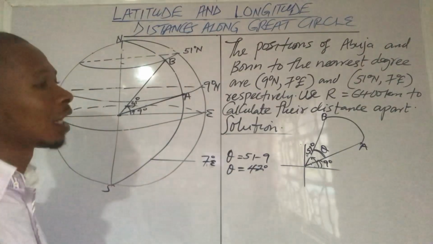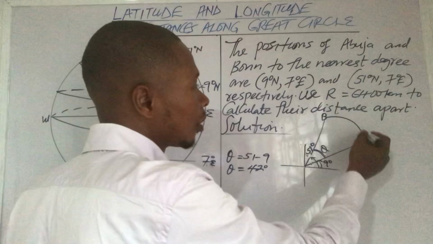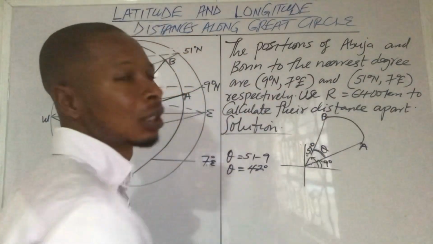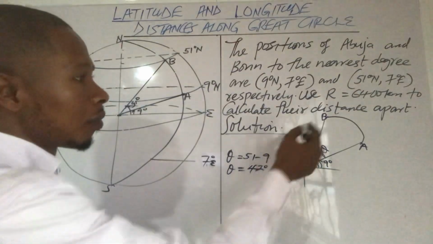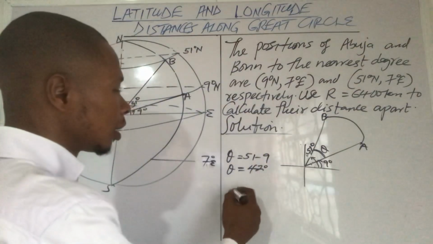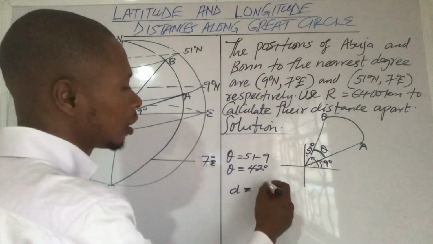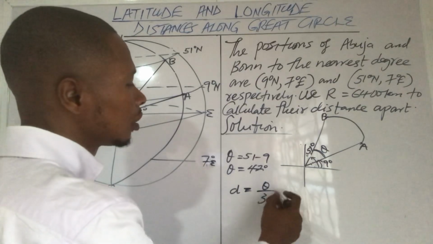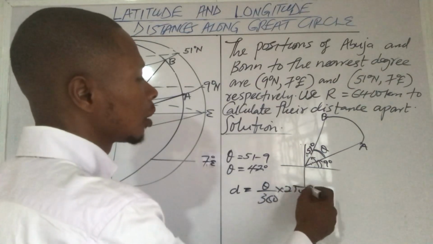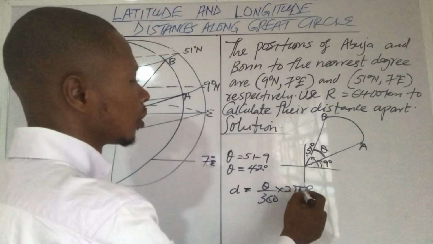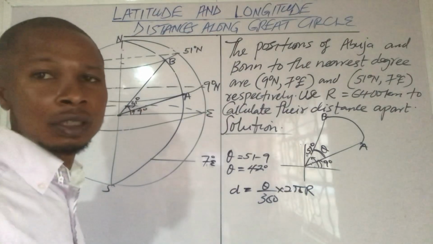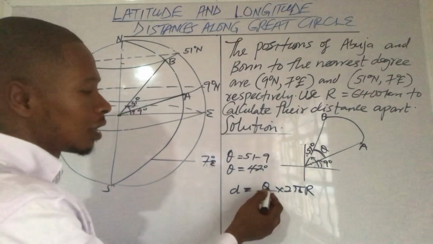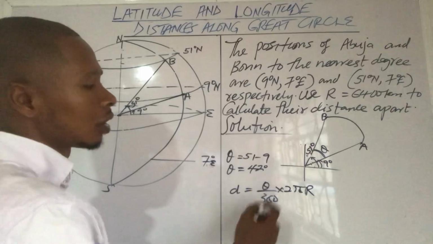Then to get the distance between the two places, recall the formula for the length of an arc: distance is given by theta over 360 times 2 pi r, where r is the radius of the earth, given to us as 6400 kilometers, and theta is our angular difference.